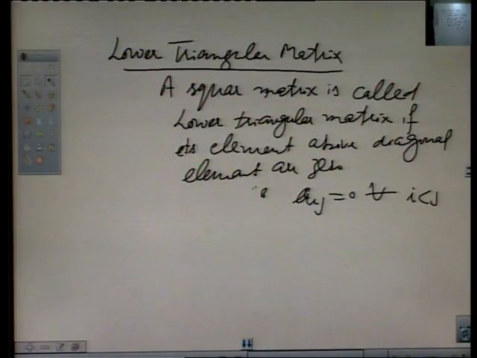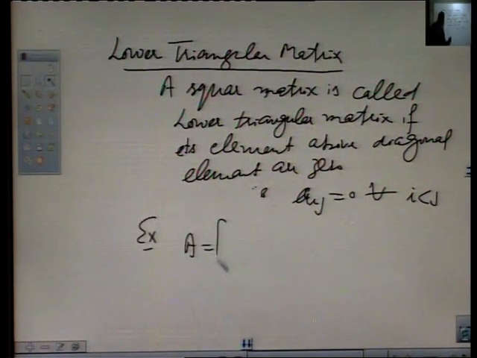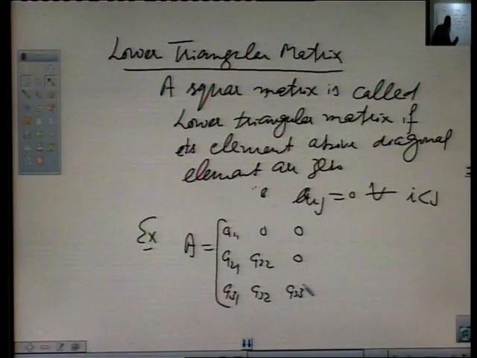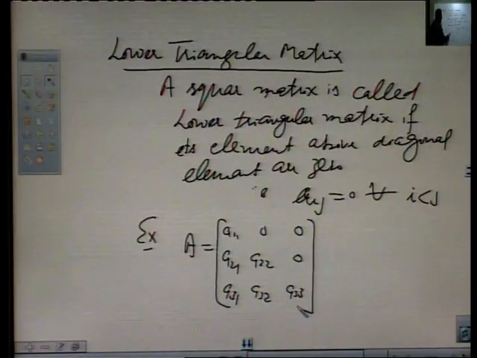For example, A11 0 0, A21, A22, 0, A31, A32, A33. The elements above the diagonal elements are 0, so it is called a lower triangular matrix.